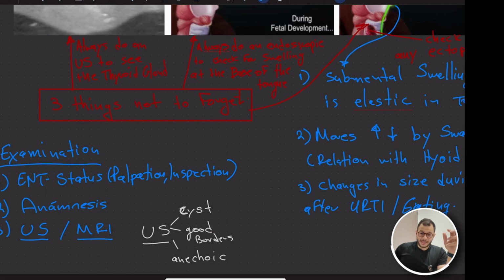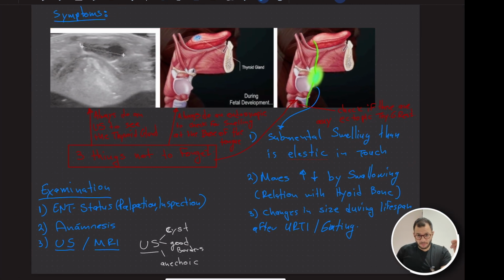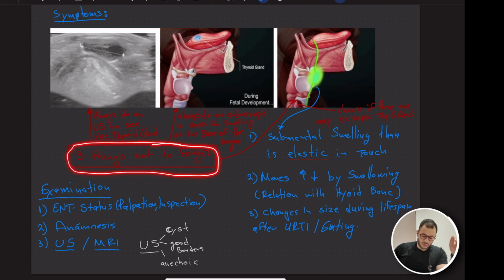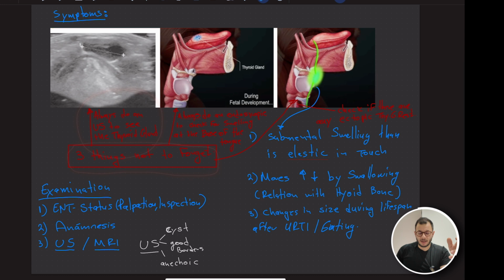Now, there are always three things to remember and not forget when you are examining a patient with the differential diagnosis of a thyroglossal duct cyst. Always do an ultrasound to see if the thyroid gland is there.